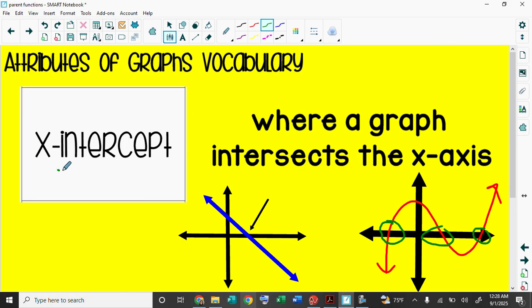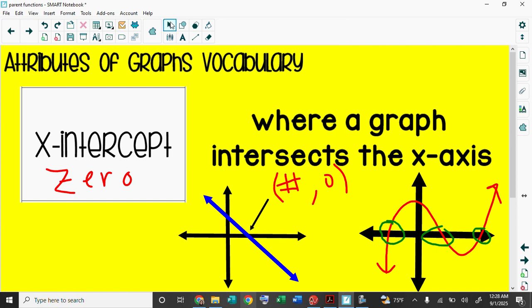These are also called a zero, because whenever I have my ordered pair, it's some number, comma, 0. So x-intercept is also called a zero. Pause the video, make sure you have all of that information down.